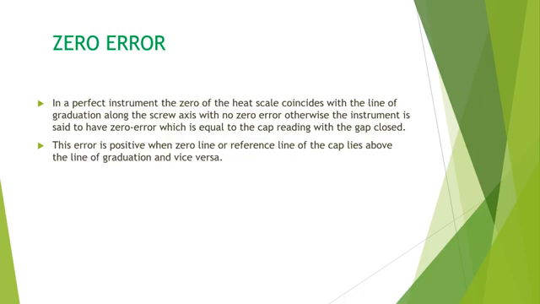Otherwise, the instrument is said to have zero error, which is equal to the cap reading with the gap closed. This error is positive when the zero line or reference line of the cap lies above the line of graduation, and vice versa.